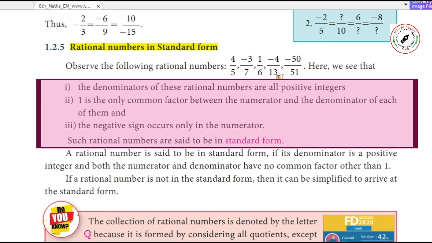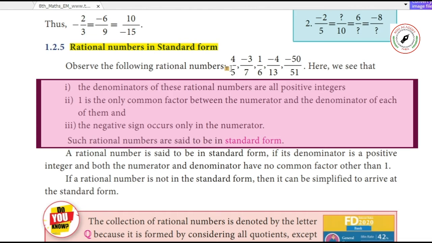You see the denominators? 5, 7, 6, 13, 51. They are all positive numbers, not negative numbers. Correct. First point. Then see the second point. 1 is the only common factor between the numerator and the denominator of each of them. What does it mean?